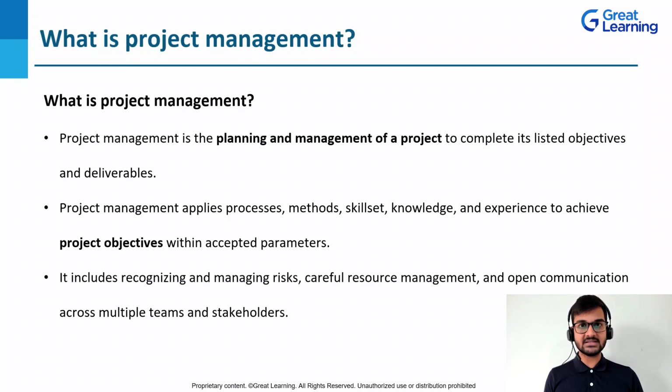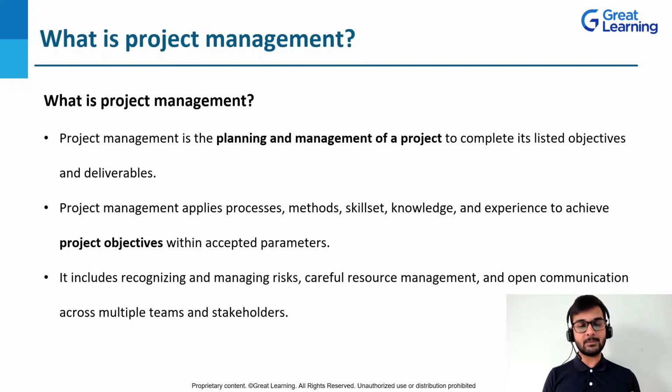So there are some business goals, objectives and deliverables that we need to meet, the specified needs. Now, how will you meet that? For that, we need to plan and manage things: the financial resources, the human resources, the non human resources, each and everything. So planning and managing a project is nothing but your project management.